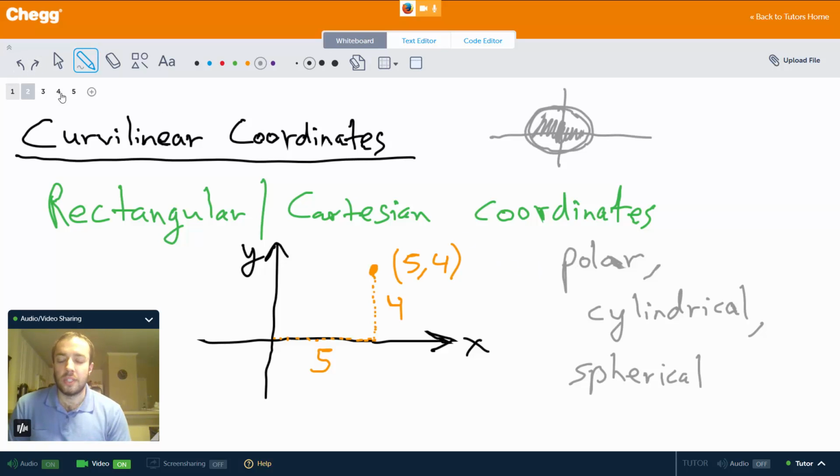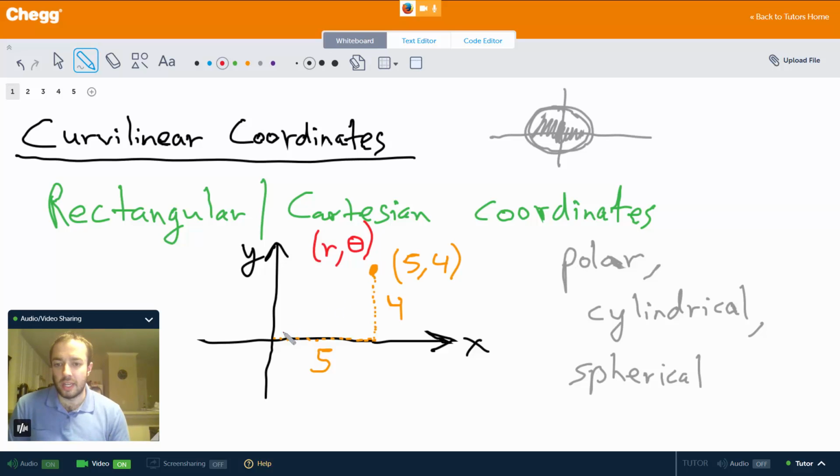Okay, so continuing, let's go ahead and talk about polar coordinates. Remember we said that polar coordinates are another way of expressing a point in the xy plane. So if we have our point 5, 4 here, how would we express that in polar coordinates? Well, I'm not going to give specific numbers for this, but I will tell you how to find them. For polar coordinates, instead of x, y, we're going to have r, theta.